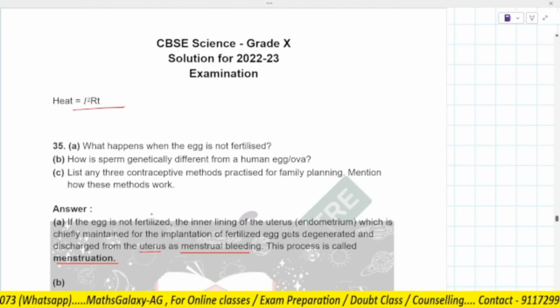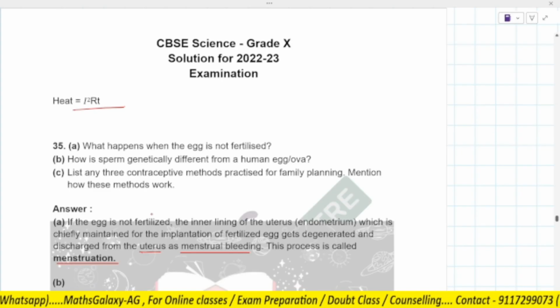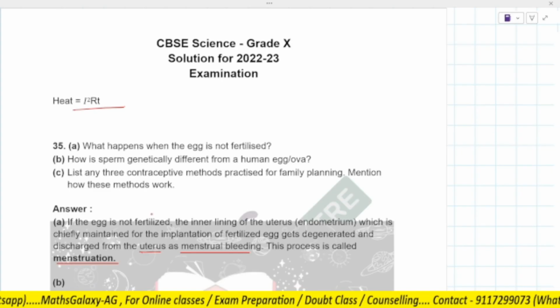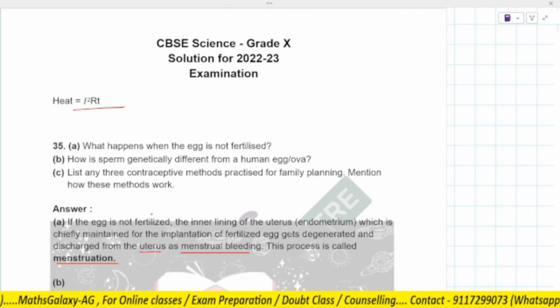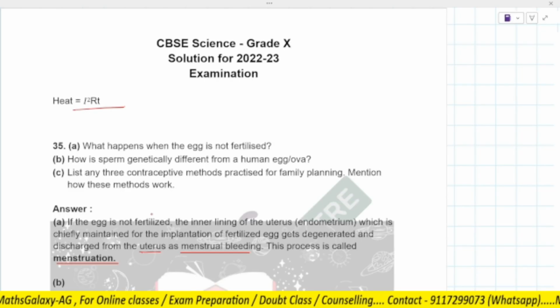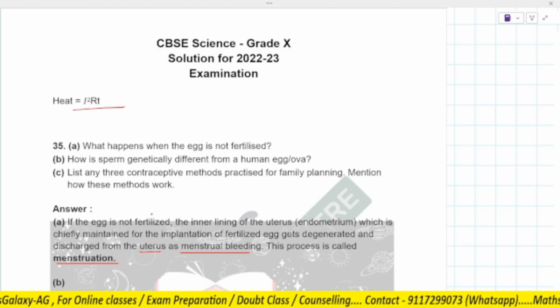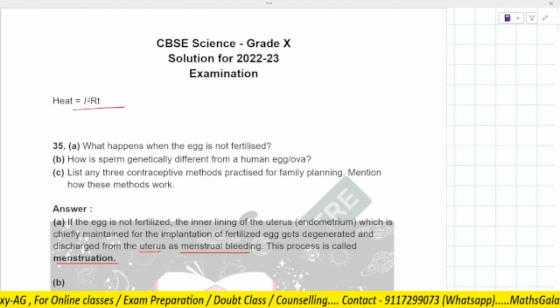Yes. Now list any three contraceptive methods practiced for family planning. Mention how these methods work. So can you list these methods?